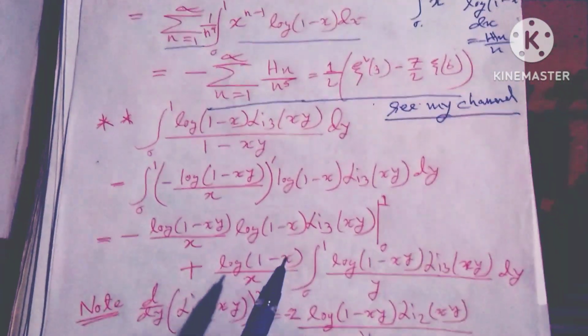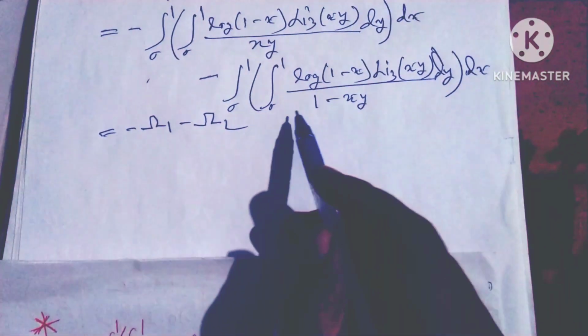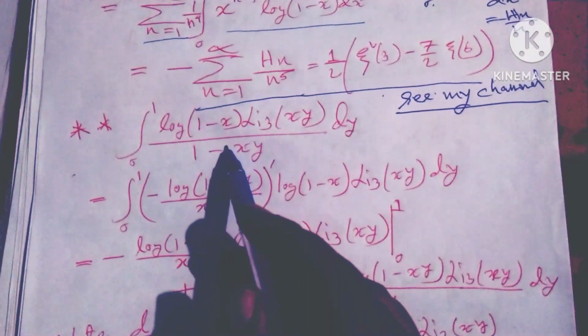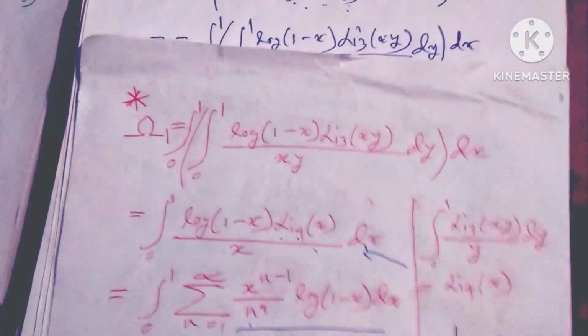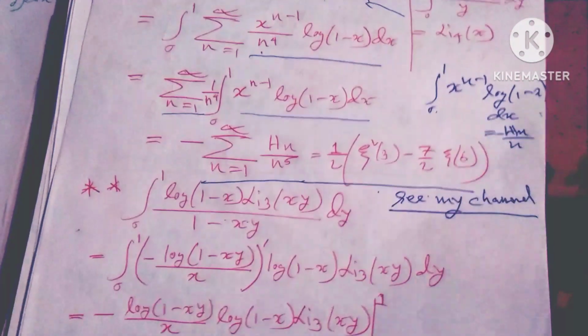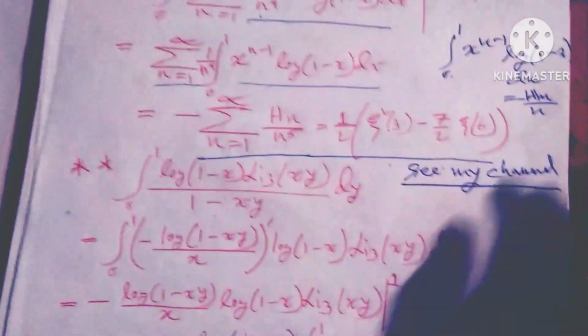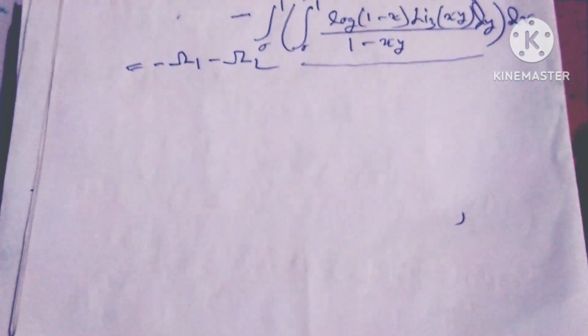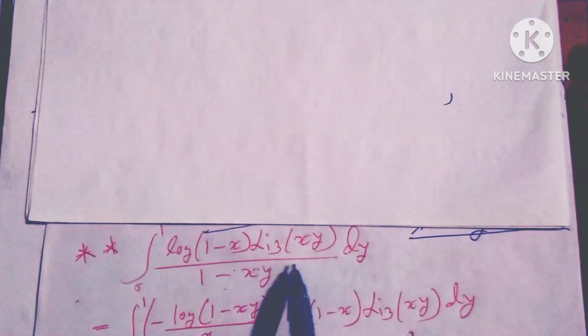Harmonic generalization. Now after that, friends, for solving this portion from 0 to 1, I just take this portion dy. So I can write this portion as log(1 minus x) Li3(xy) divided by 1 minus xy.